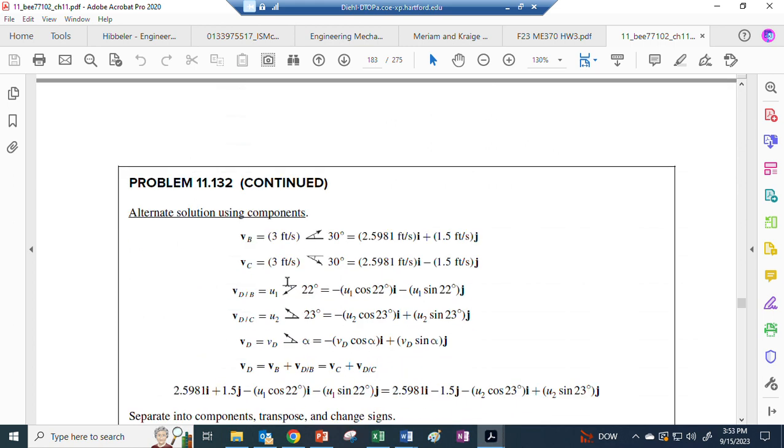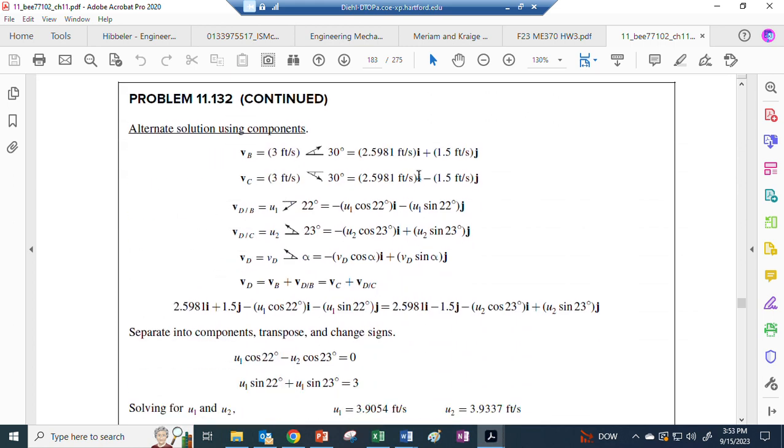But then they have this alternate method, and this is basically what we did, right? We stabbed what we had for our velocity, and they broke it down into x and y, so the i and the j. And then here's the unknowns, U1 and U2, which is what we did for our magnitudes.